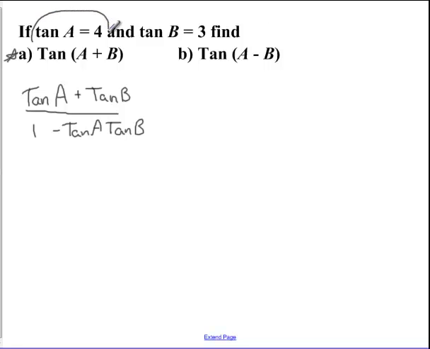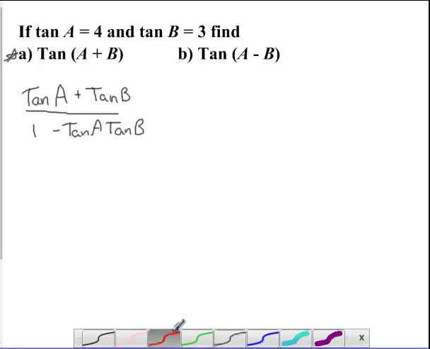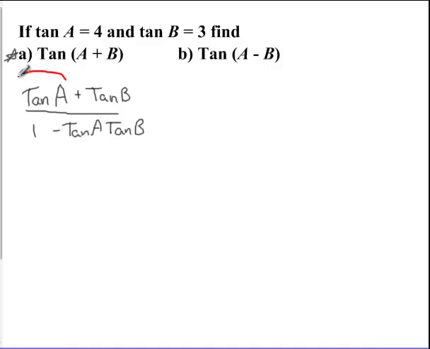If we start looking, see what I'm circling right here? The tangent of A is 4. Every time I see the tangent of A, I may replace it with a 4.